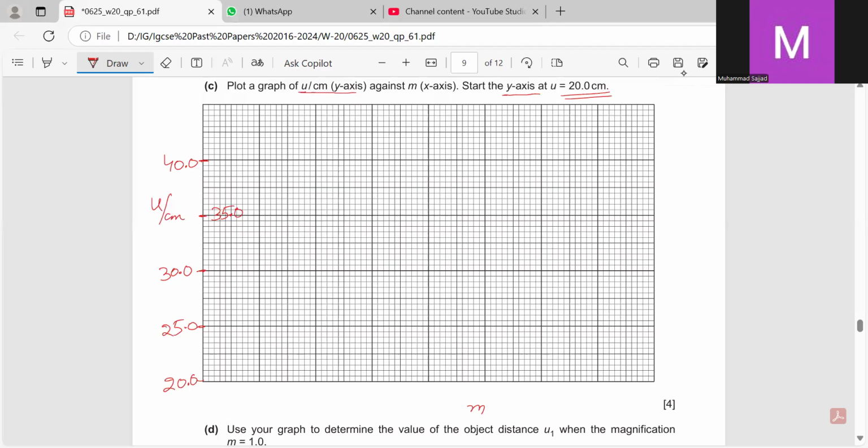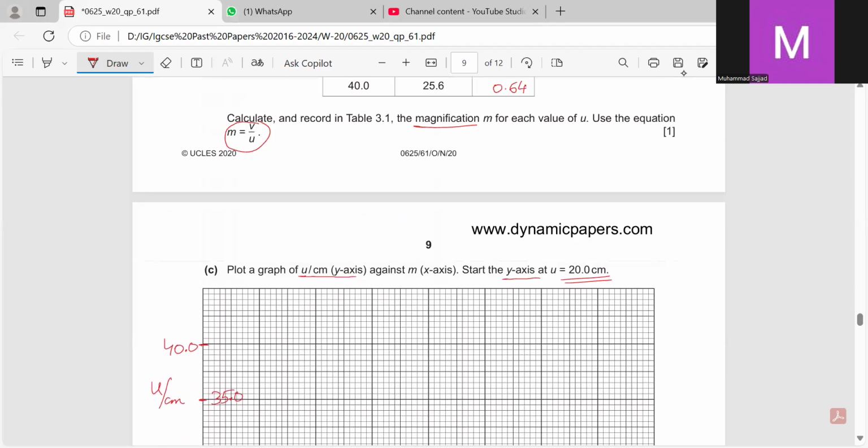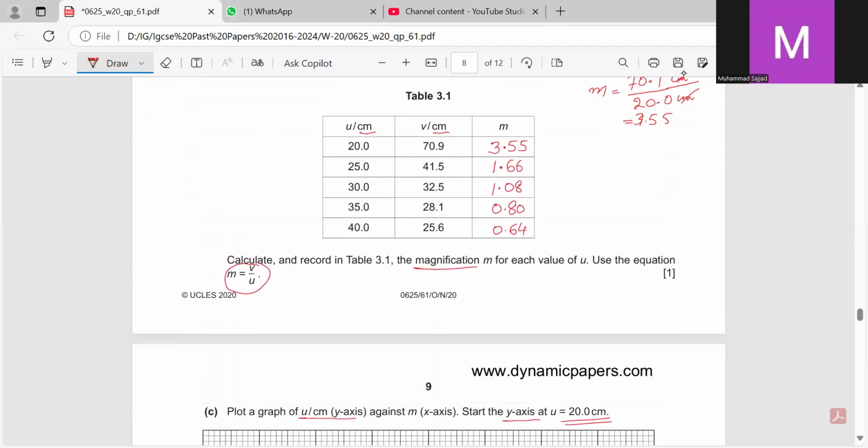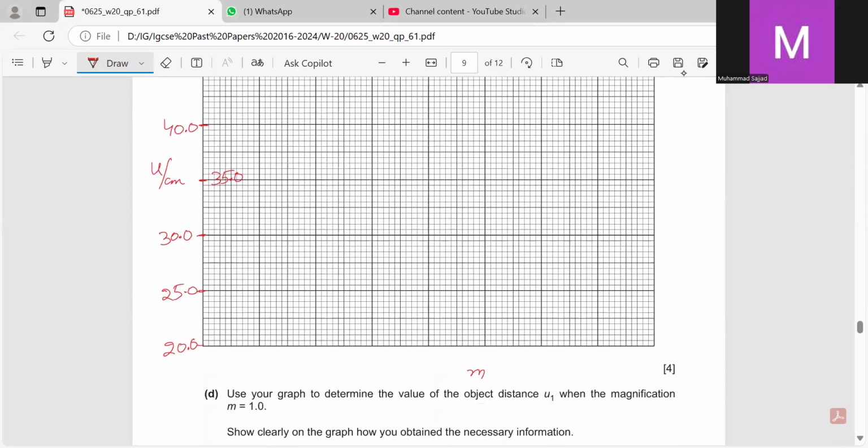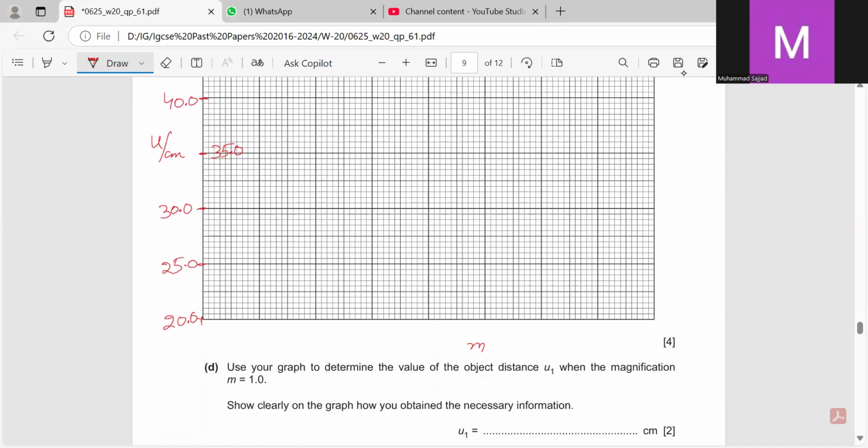So correct. Now let's see what the values of m are. The maximum value is 3.55, which is more than 3.5, and the minimum value is 0.64, which is more than 0.5. If I make it 0, 1, 2, 3 and 4, it will still not be that workable. So let's start from 0. Here this is 0.5, this one 1.0, adding 0.5 with every square.